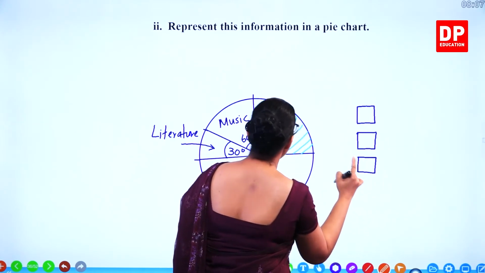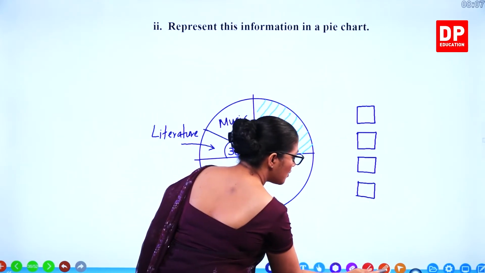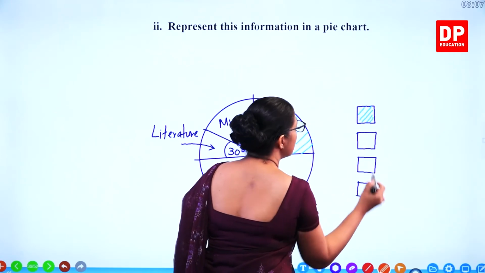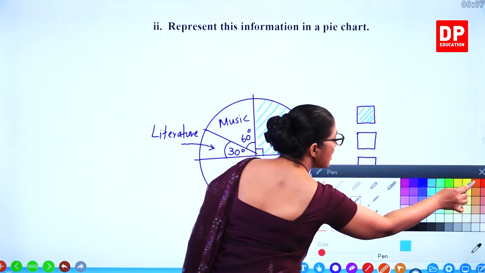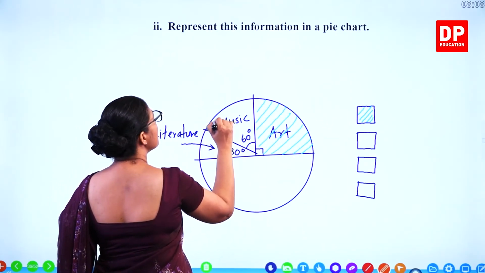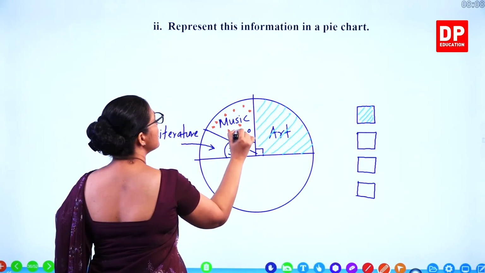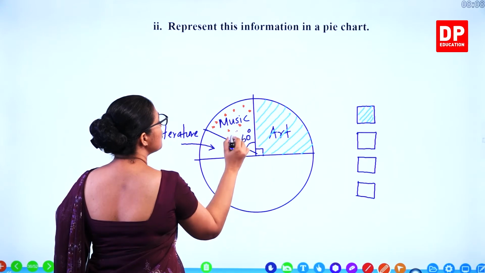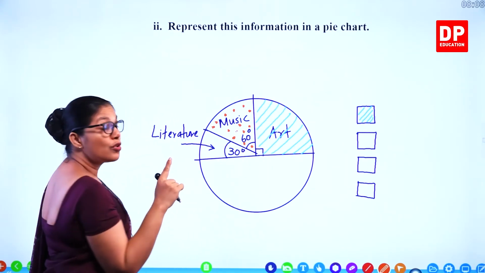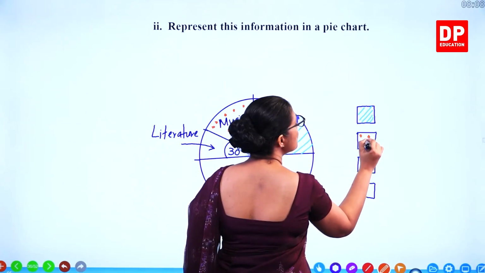You have to mark the categories here. Categories you have to label. So here we'll do the same thing. This is art. And the other color we'll take for music. So something with dots or something. You can put any design that you like. But don't waste your time doing this because you get only a few minutes to draw the pie chart. So that's music.